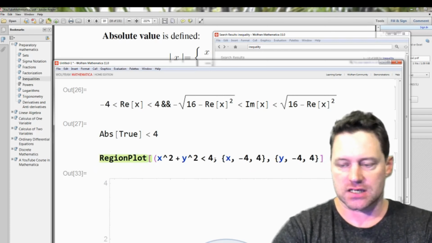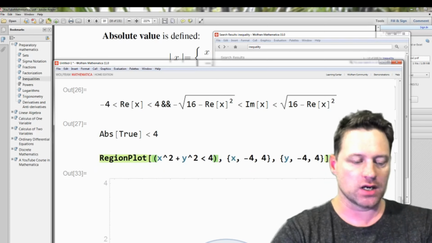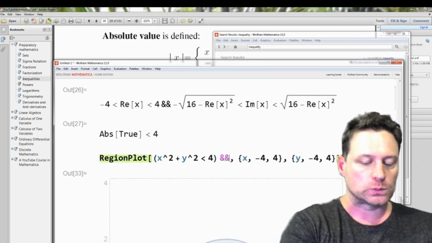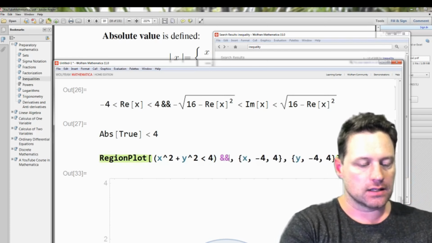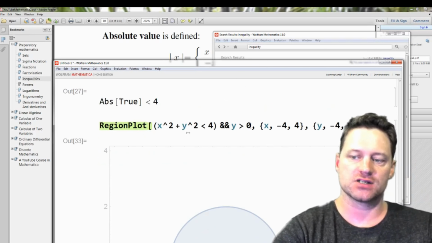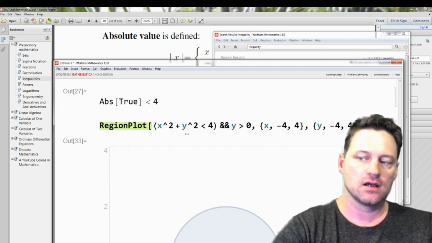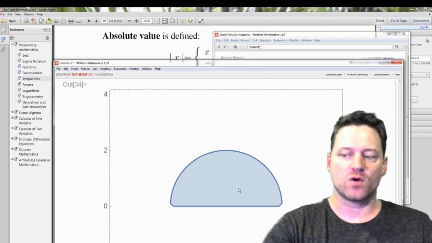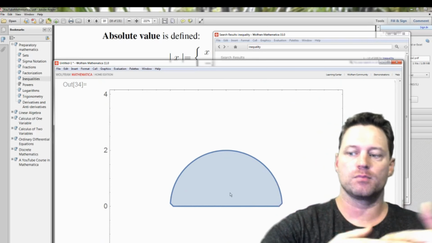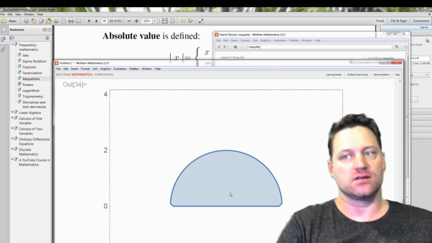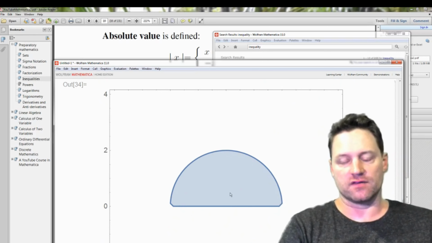Now I'm going to add to this and say and y is positive. So I put in two logical conditions. Press shift enter, and now what do we have? We have the upper half of the plane but inside the circle. So you can see the utility of this built-in function.